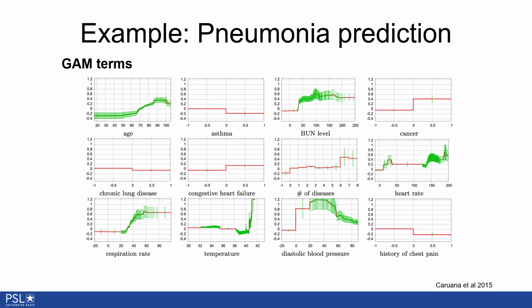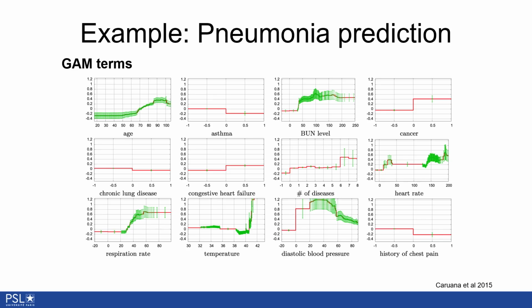For discrete features such as asthma, cancer, and the presence of other diseases, the nonlinear function is a step function. So once the model is trained, an expert can inspect the set of functions of individual features, check the model, and potentially correct if needed. In this example, we can see in the second panel in the top row that in the model, the presence of asthma appears to decrease the risk of pneumonia, which does not make sense.